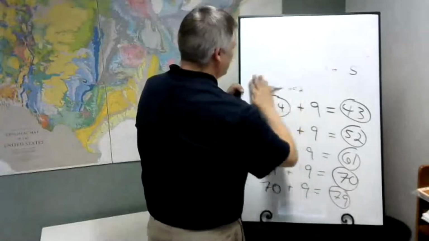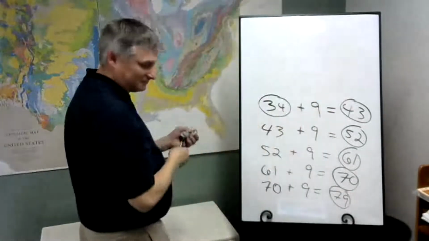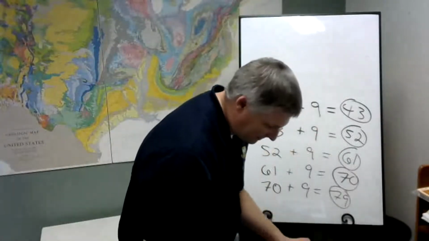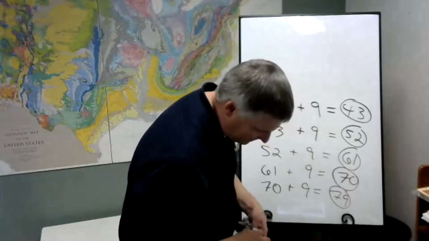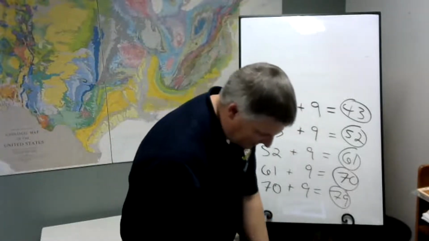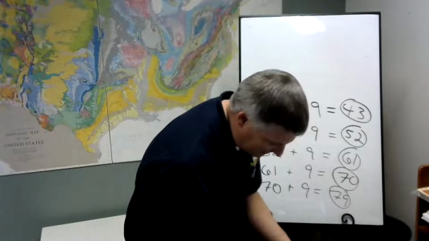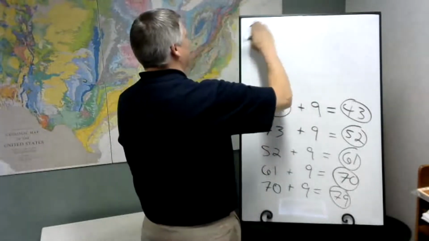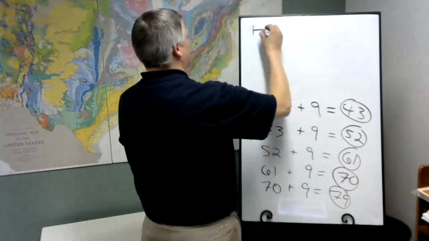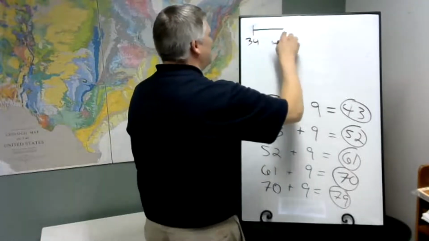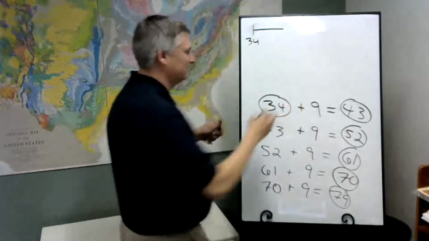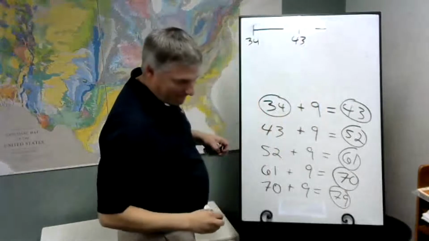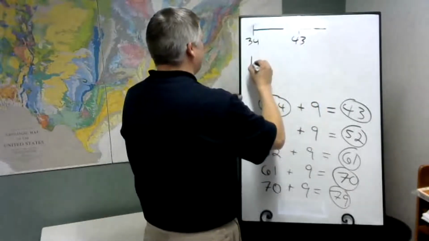Almost. So let's take a look at what we've got. So far, we have 34, and we don't have an upper limit yet. We have a 43. We have a 52.